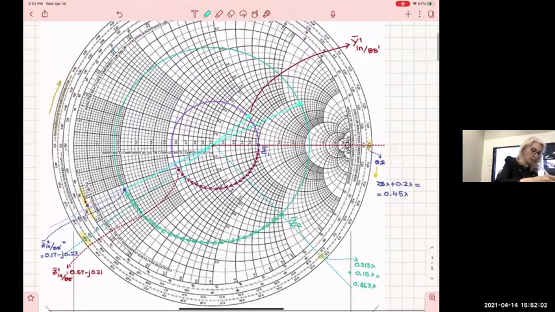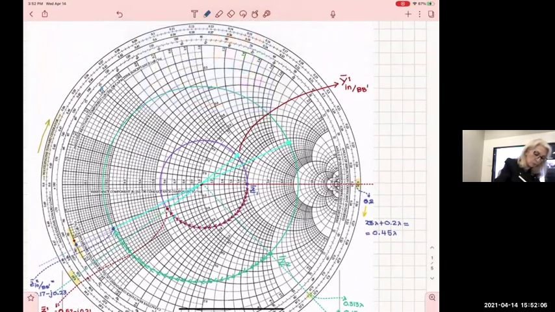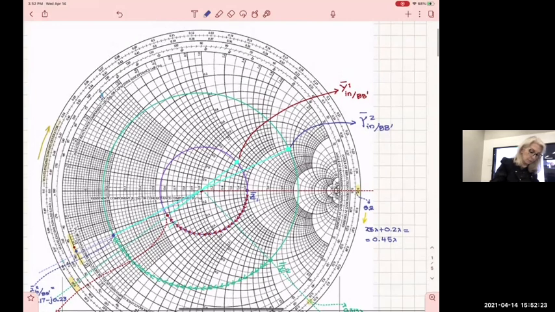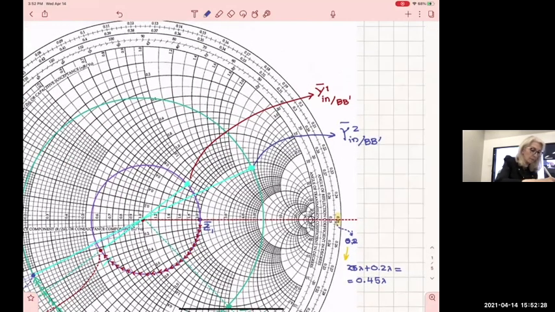And that one now is y, excuse me, y2 input at bb prime. And then I can write them here, because I can find their values.